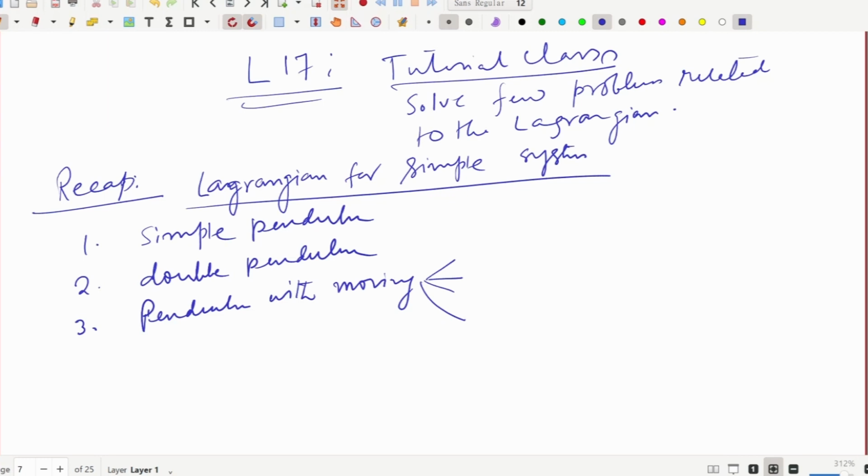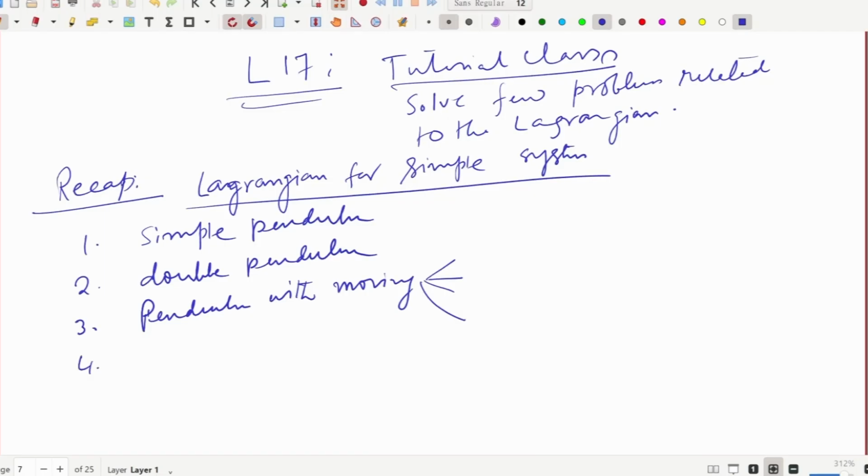When the support is moving along the x direction, moving along the y direction, oscillating along the y direction, or moving in a vertical circle, I mentioned all these possibilities and how to calculate the Lagrangian. Fourth, we considered the spherical pendulum. This was a nice example to emphasize two points.